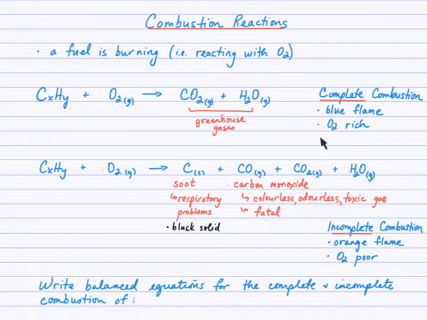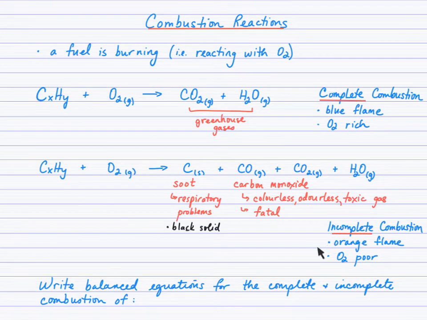There's a reason we have to burn those gases outdoors, and that's so that we keep a plentiful supply of oxygen. Now, it's possible that there could still be some carbon monoxide produced when a fuel's burning outdoors, and so it's safe to always burn a fuel outdoors to give us the opportunity to vent that carbon monoxide to the atmosphere. So typically we think of complete combustion products when a blue flame occurs and it's an oxygen-rich environment.